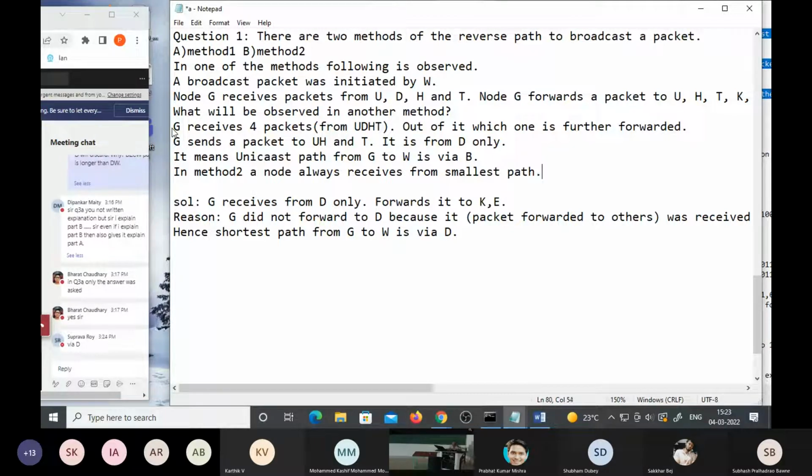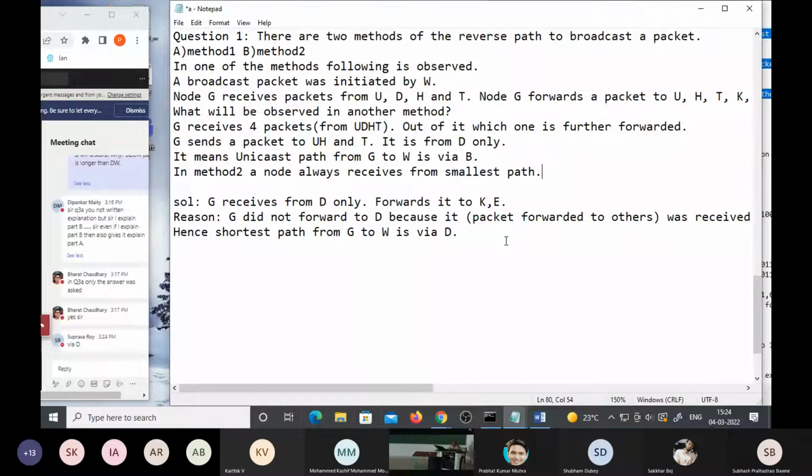It always receives from the smallest path. Is it correct? Yes. So G will receive from D only. Do you understand? So G will receive from D only and forward to K and E.